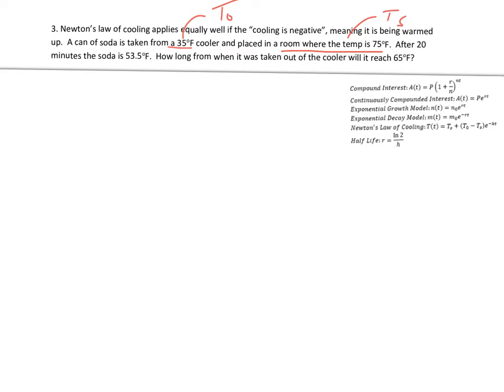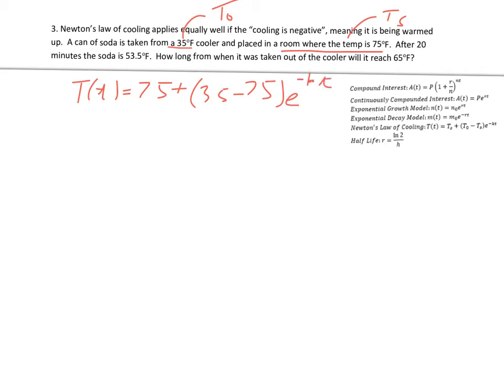Now, they did not tell me K here, so I'm going to have to figure that out. So I'm going to say T of t equals T sub S, which is 75, plus parentheses T sub 0 is 35 minus 75 to the power times e to the power of negative kt.